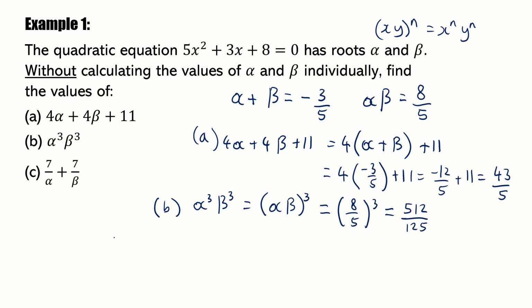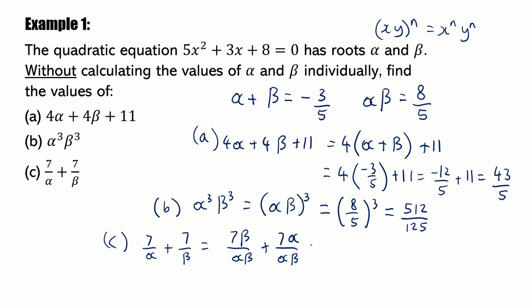On to part C, and all we're going to do is basically the same thing we've been doing before. Rewrite this expression in terms of the sum of the roots and the product of the roots. So we can just start by creating a common denominator to re-add these fractions together, which will get us this and this.